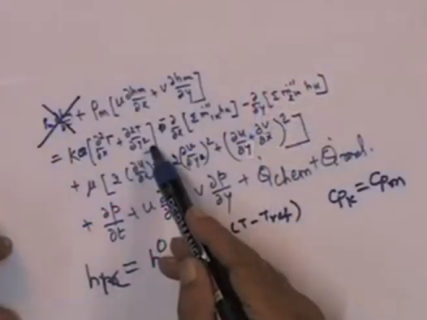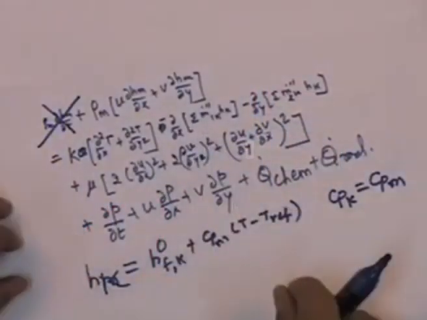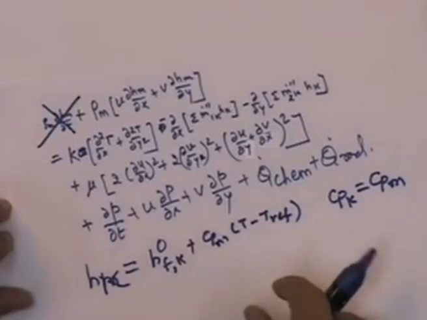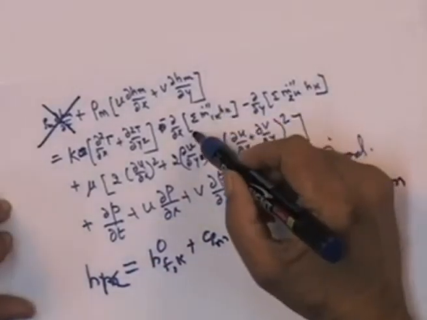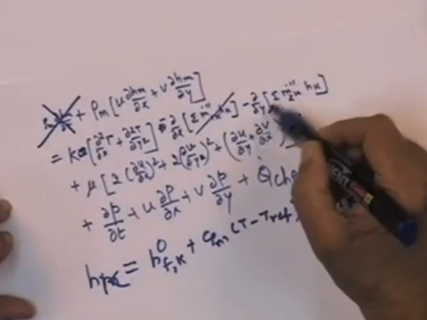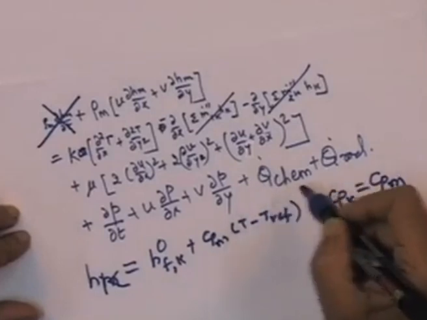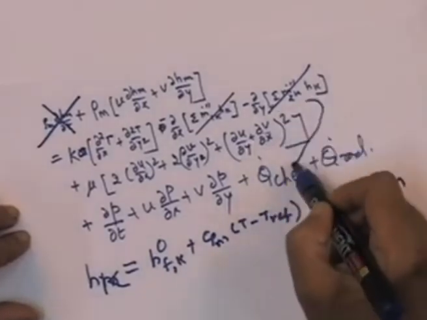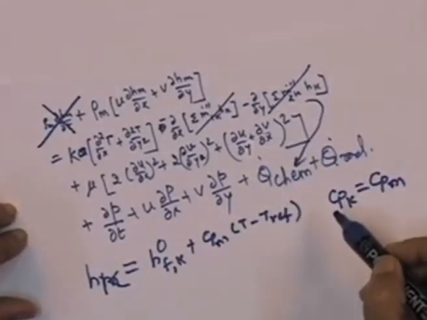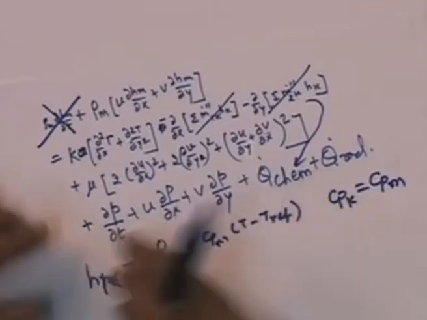You have k times d2T dy square, and if I ignore for the time being the diffusion heat transfer for a single phase, non-reacting flow, or absorb that in this, then you will see I get terms like this.